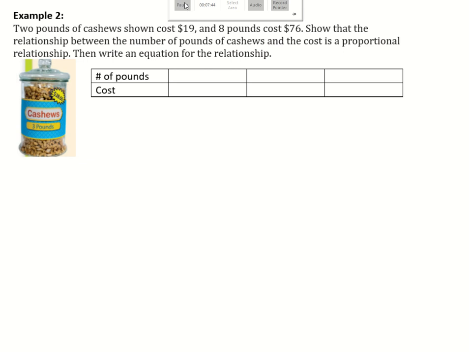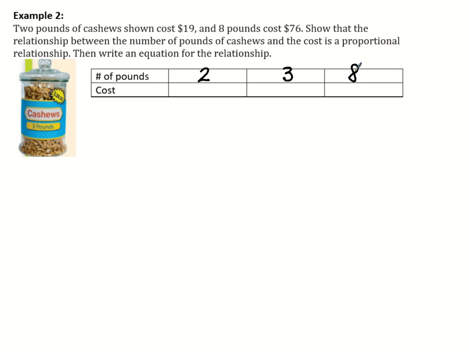So if we're looking at our number of pounds, let's use 2, 3, and what other number do I want to use? 2, 3, and 8. Let's do that. So let's do 2 pounds, 3 pounds, and 8 pounds. Okay?